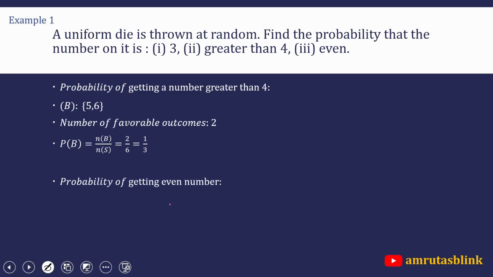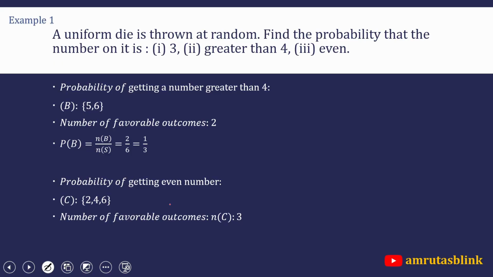Now there is a third part of the question, that is you need to calculate the probability of getting an even number. Now let's say we have an event C where we get an even number. So how many possible outcomes are there? You can have either 2, 4 or 6.